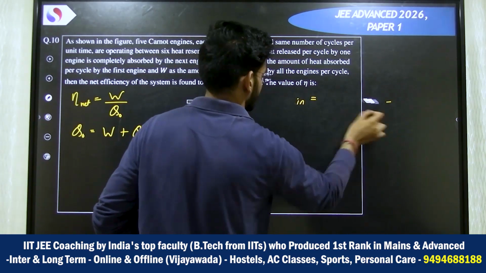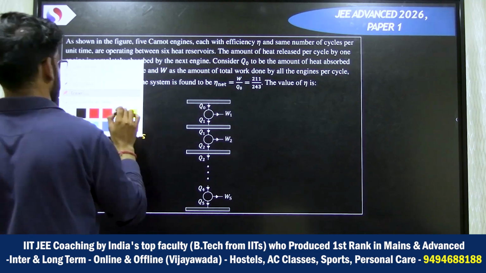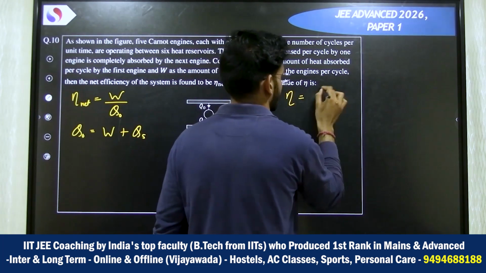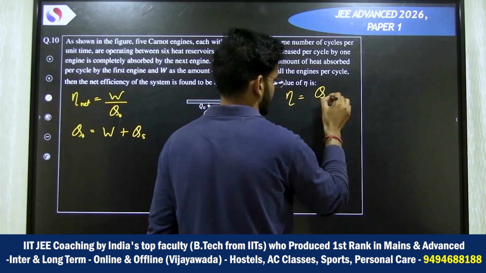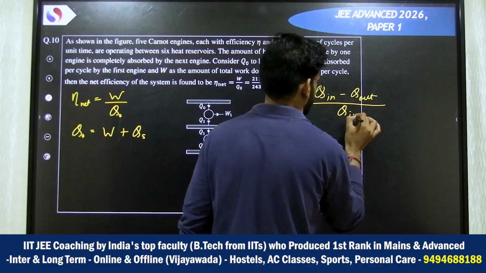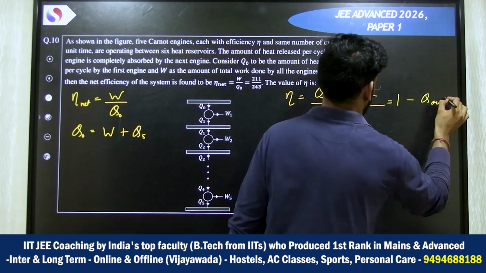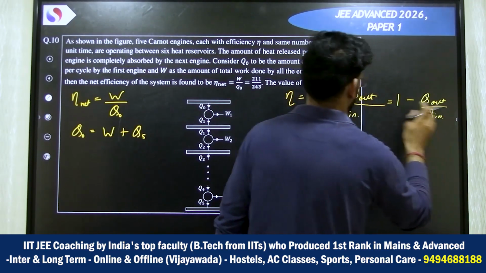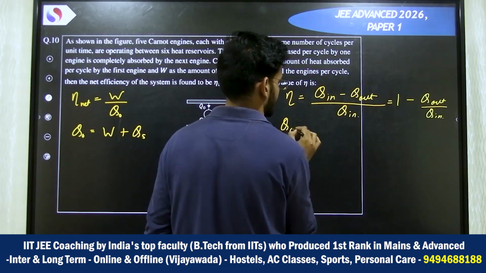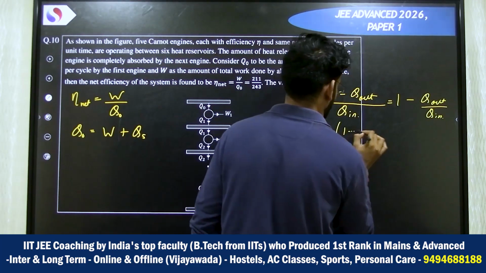So efficiency is the work done, that's Q in minus Q out, divided by Q in, correct? So from here, 1 minus Q out by Q in. Take this quantity this side, eta that side, 1 minus eta. So Q out will be Q in into 1 minus eta.